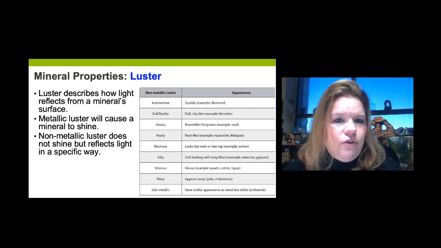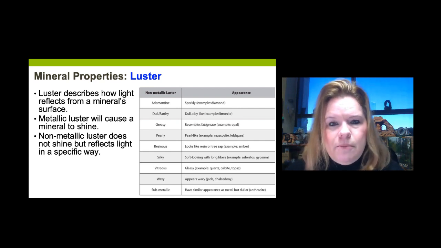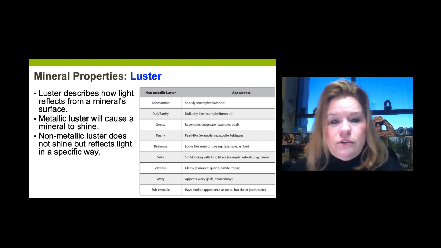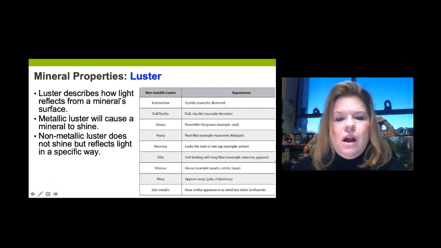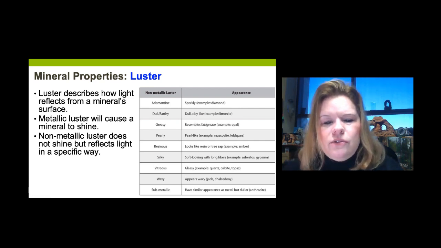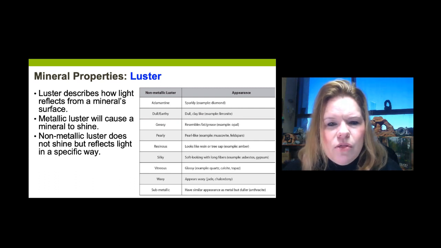So there's a lot of different types of non-metallic lusters, and I put a whole table in your book that shows the same thing right here, what all the various non-metallic lusters are. And I'll just give you a handful. Dull and earthy. So it doesn't have a very good shiny look at all or clear look. It's just kind of dull and you can't really see through it. That would be like limonite, a mineral that you will come across a lot.